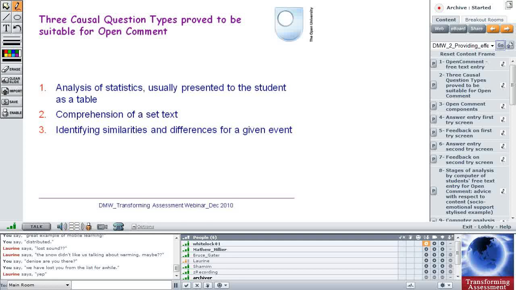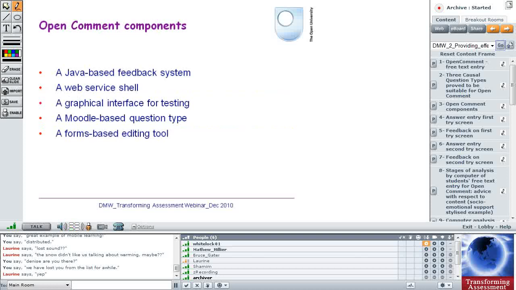Analysis of statistics, because history uses tables, births, deaths, changes in population with employment, such as with the Industrial Revolution, when people were coming to work on the land into the cities, and comprehension of a set text. I'll show you some examples of that, and then identifying similarities and differences for a given event.